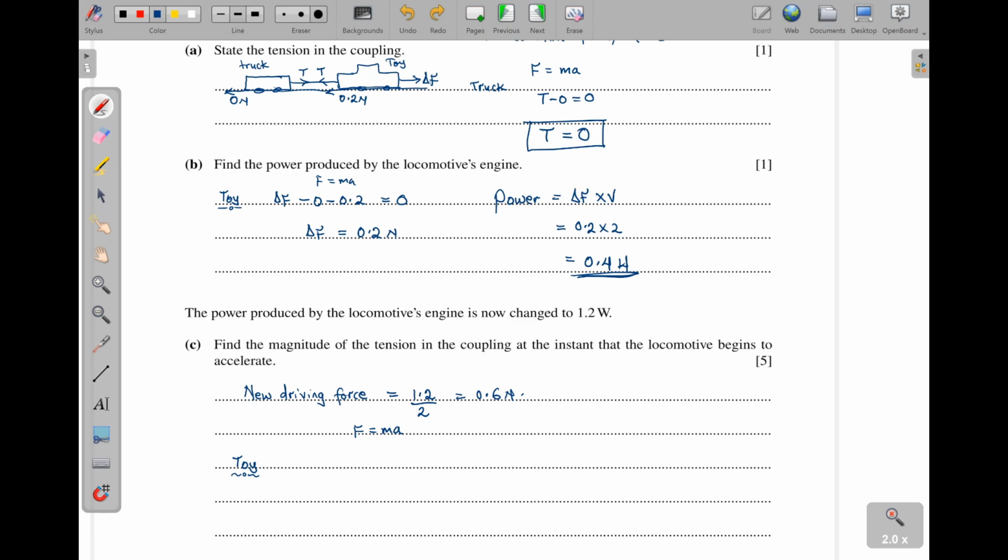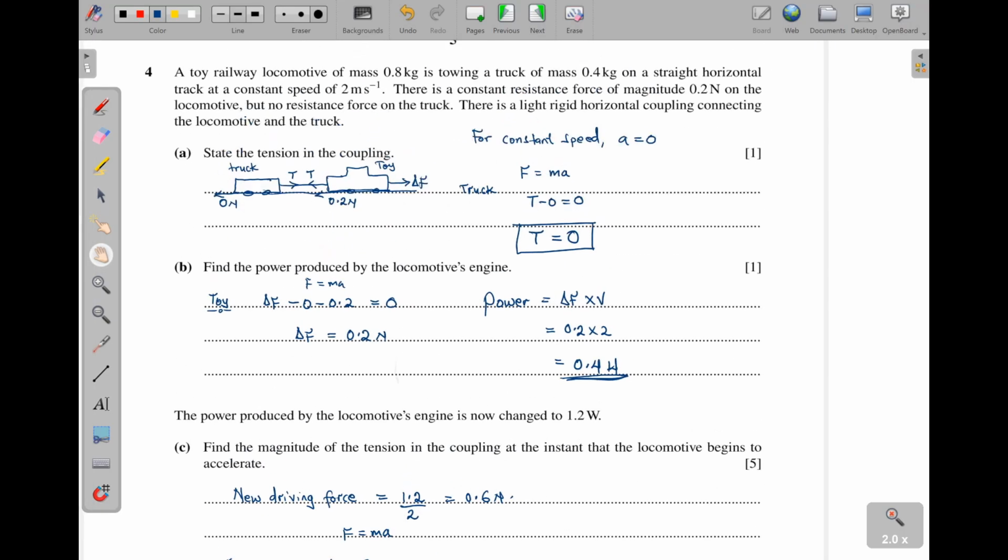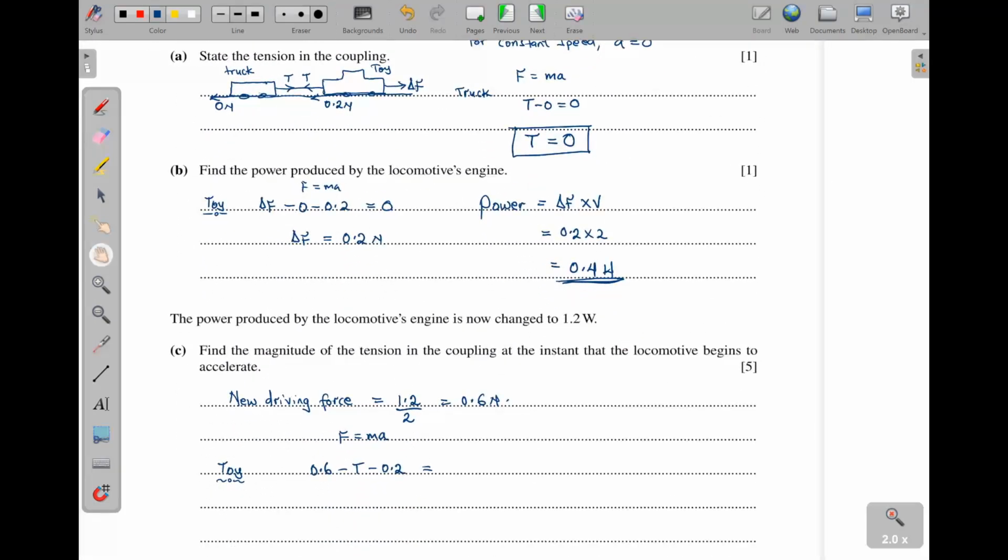So we shall have the driving force 0.6 minus the tension, minus 0.2, is equal to the mass of the toy, which was given as 0.8, times a. And then for the truck, we are seeing the tension, and there is no frictional force. So tension minus 0 is equal to 0.4a.